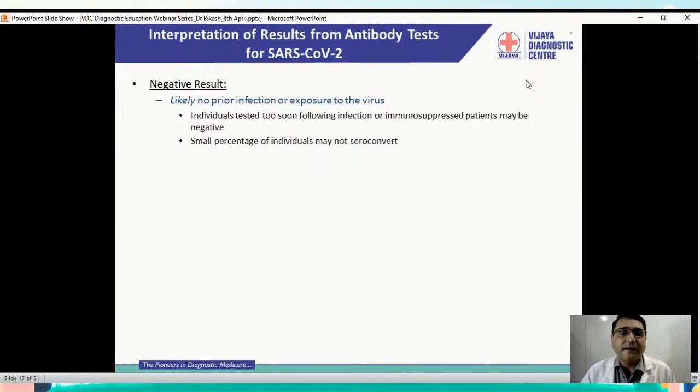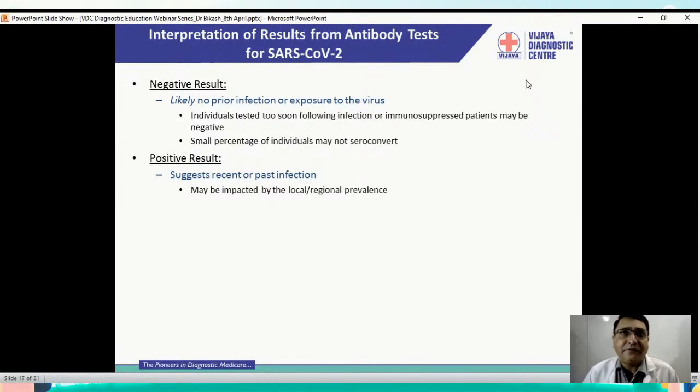Negative results mean that likely there was no prior infection or exposure to the virus. It could also be negative in individuals who have tested too soon following infection, or in immunosuppressed patients. A small percentage of individuals may not seroconvert; in fact, they may not develop antibody titers. As far as positive results are concerned, they suggest recent or past infection and may be impacted by the local or regional prevalence.